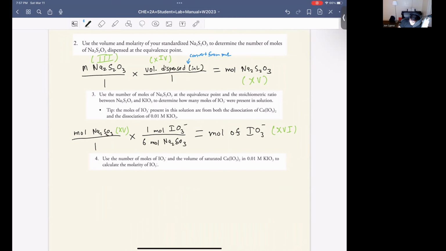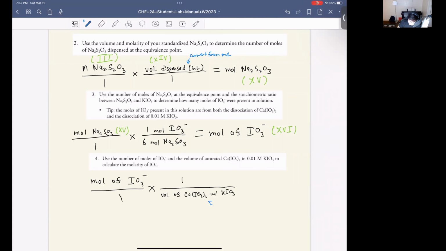You just take your moles of iodate and divide it by the volume of calcium iodate, or to shorten this, with KIO3.